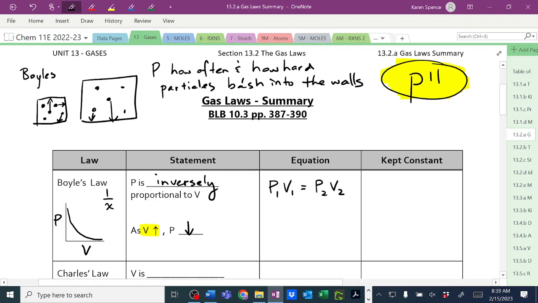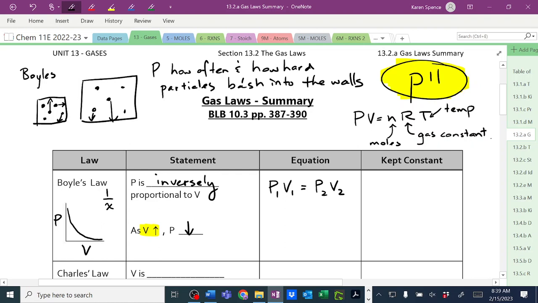Well, if we think about our ideal gas equation, PV equals nRT, what does n stand for? That's number of moles, okay? R is the gas constant, which is given to you on your data sheet, okay? And T, of course, is the temperature.